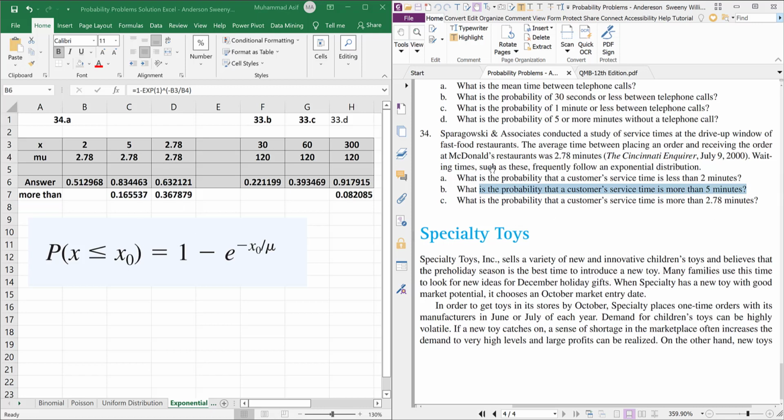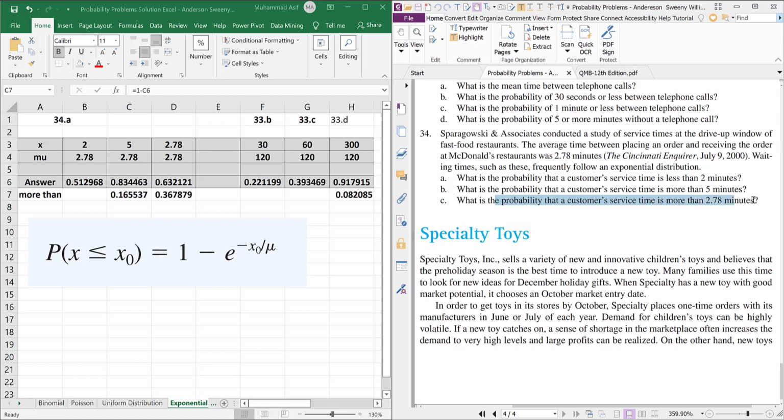So x in this case is 5, and mu remains the same, 2.78, and this gives us the probability of less than 5 minutes, but because the question is asking about more than, we subtract that from 1, and that will become 16.55%.